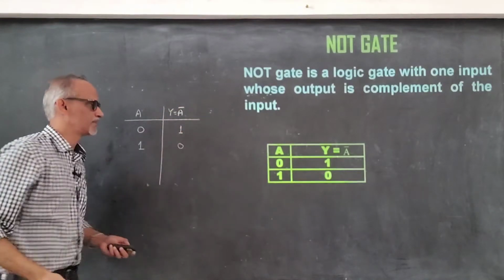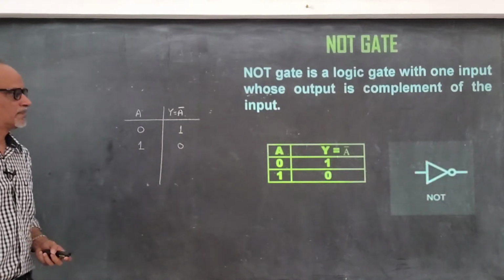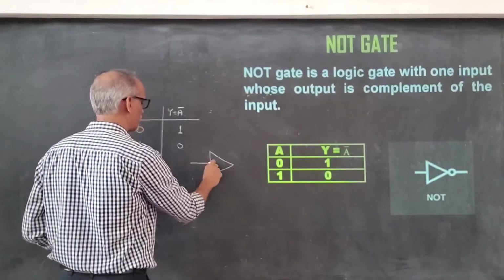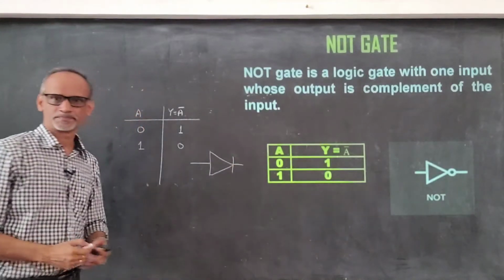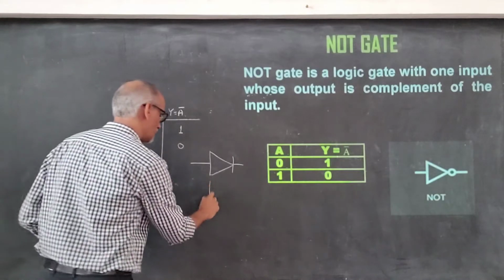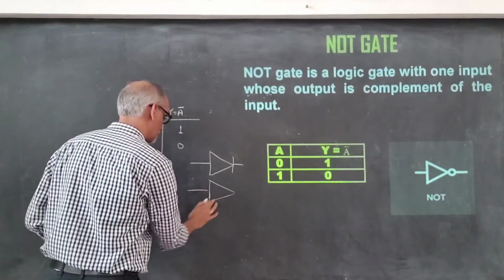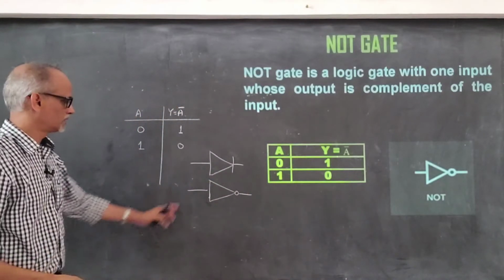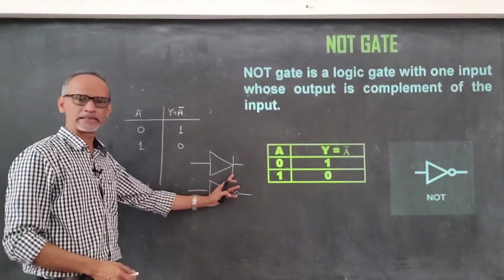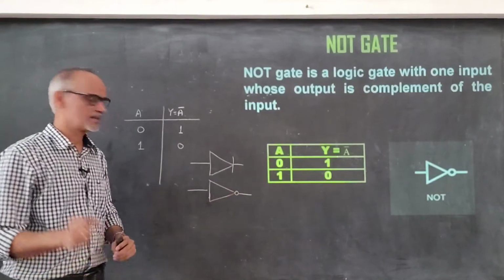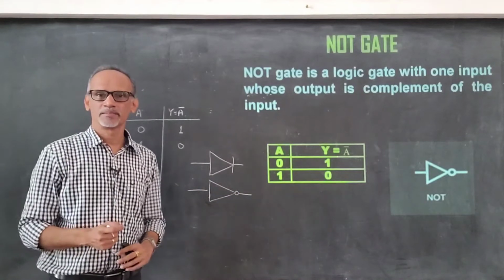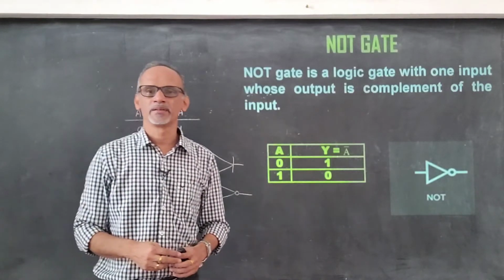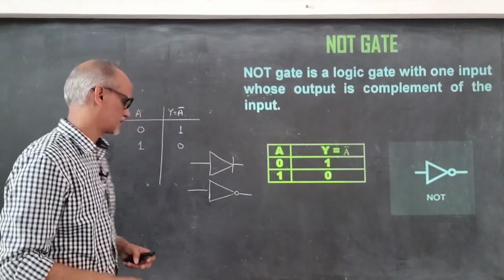Inverse means it's a complement. And the symbol for that is similar to that of the diode. You know, this is the symbol for the diode, but for the NOT gate we draw a similar symbol, but instead of a vertical line we draw a small circle, which is also called the bubble. So this bubble signifies the complement or the inversion of a gate.